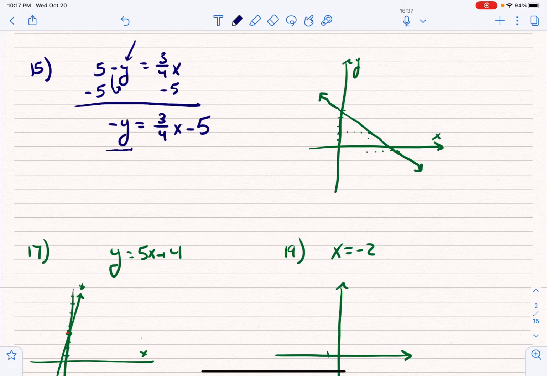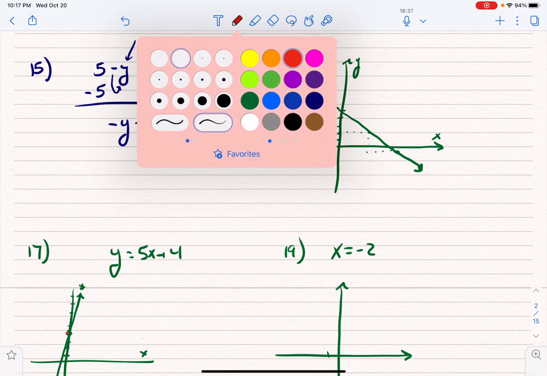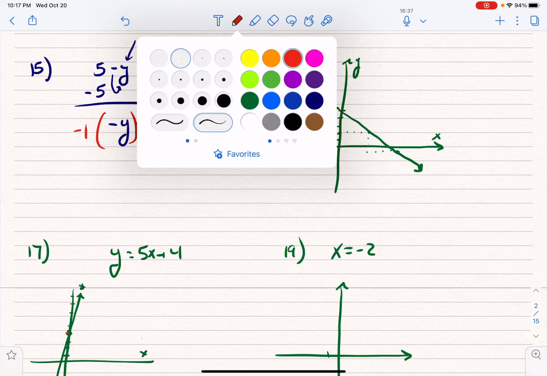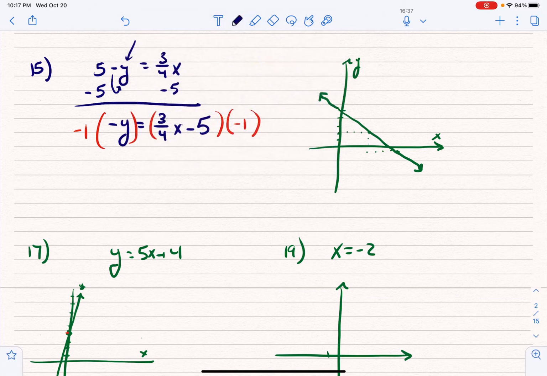So what I can do is either multiply or divide everything by a negative 1. To multiply by a negative 1 is the same thing as to divide by a negative 1. A lot of times we think of multiplication as being a little bit easier, so that's how I'm doing it. So I go, okay, negative 1 times negative y would give me y equals negative 1 times this, which would be negative 3/4 x plus 5. Okay, and there's my equation.